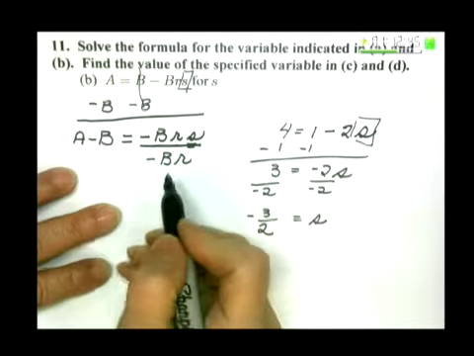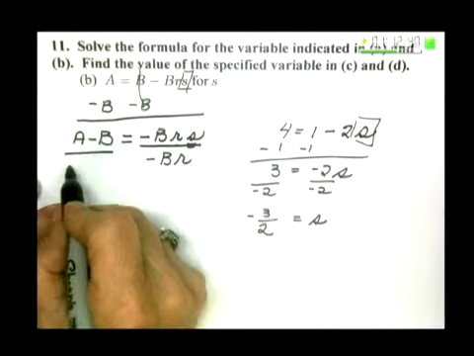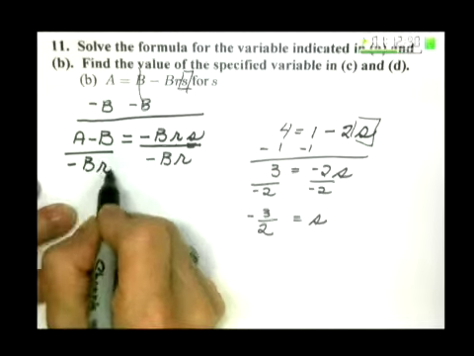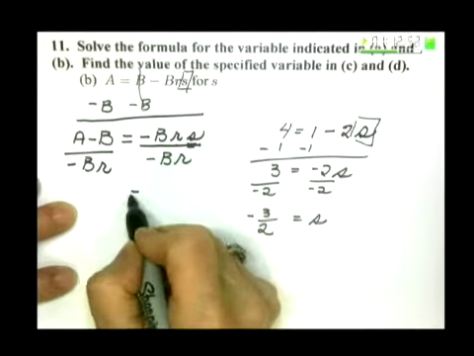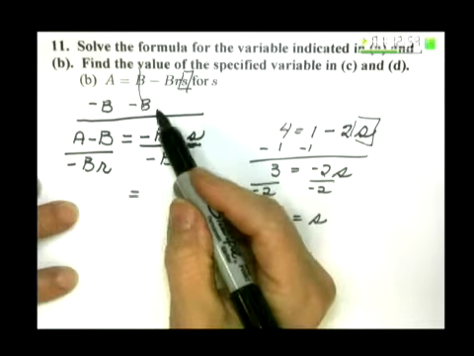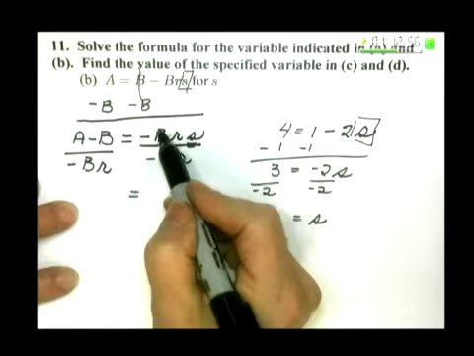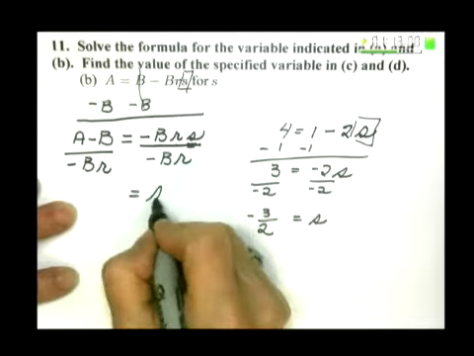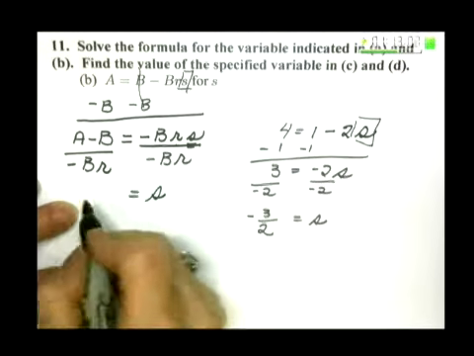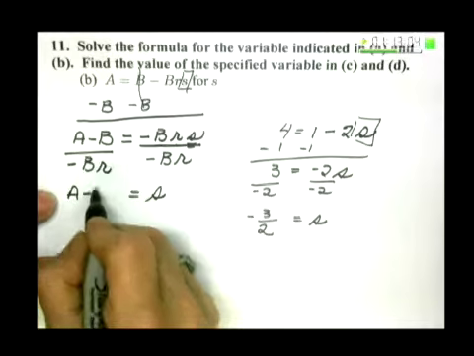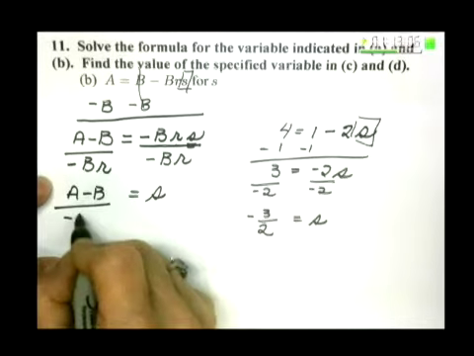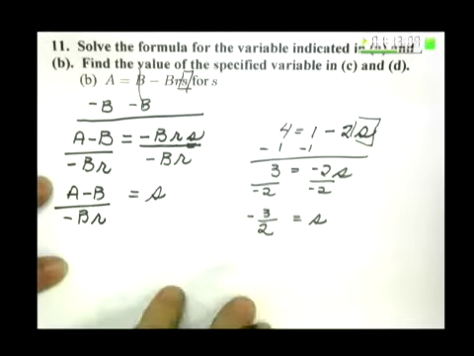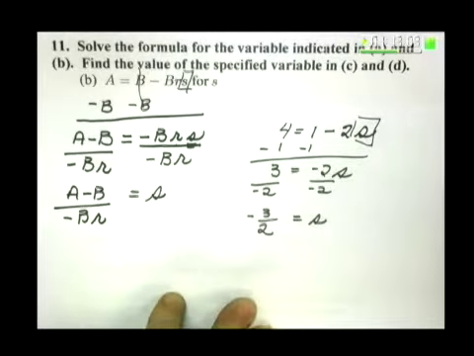So I'm going to divide both sides of my equation by a negative br. On the right side of my equation, the b's and the r's reduce to 1, and 1 times s is just s. And on the left side of my equation, I have a minus b over minus br.